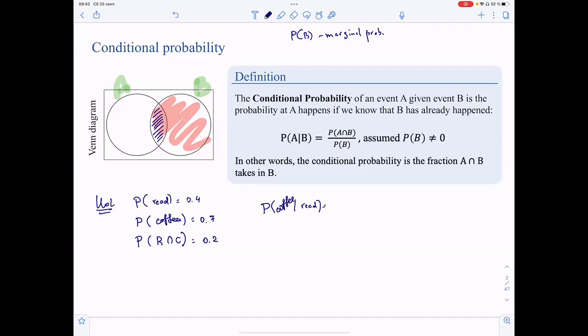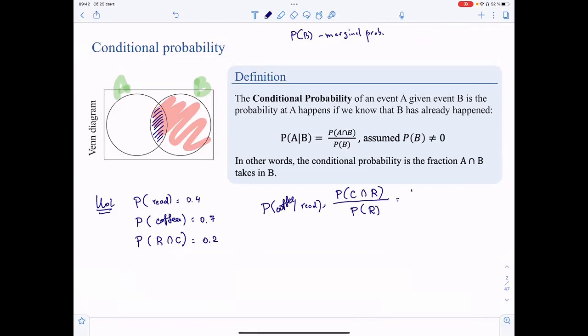Then we say that it is the probability of coffee drinking intersected with the newspaper reading, so these two events should happen simultaneously, divided by the probability of the condition, basically the newspaper reading.